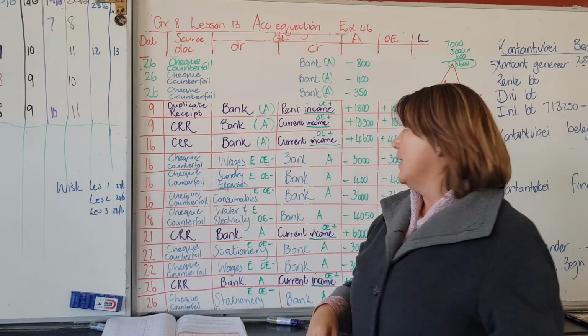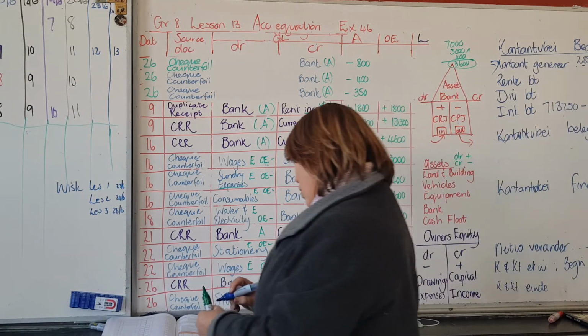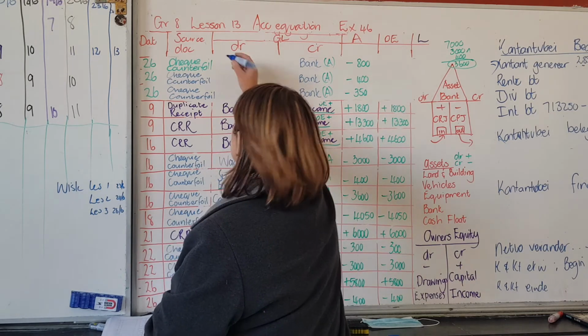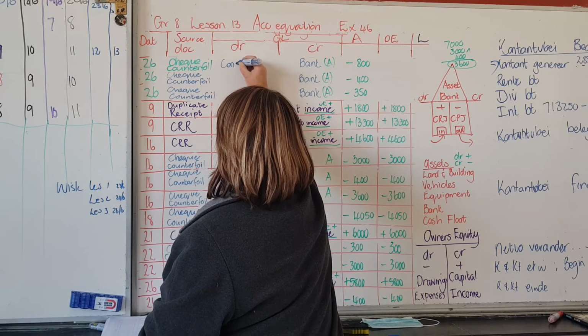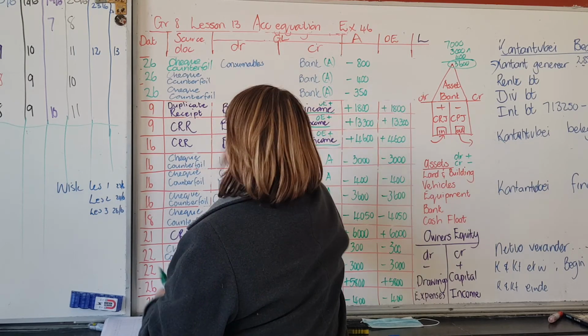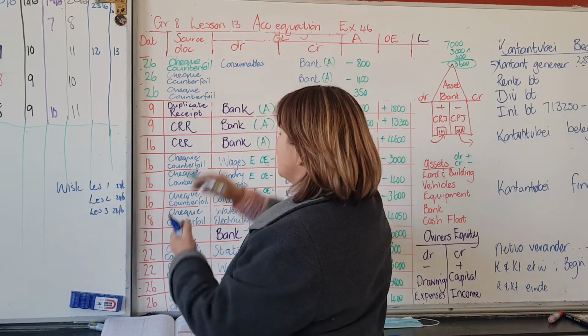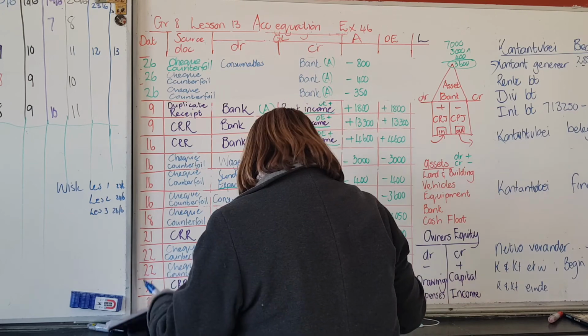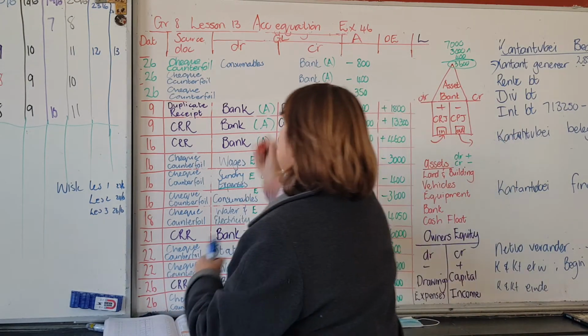What did you buy? The 800 Rand was for consumables. And remember, consumables is an expense.